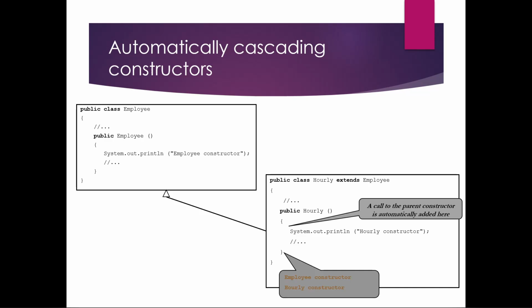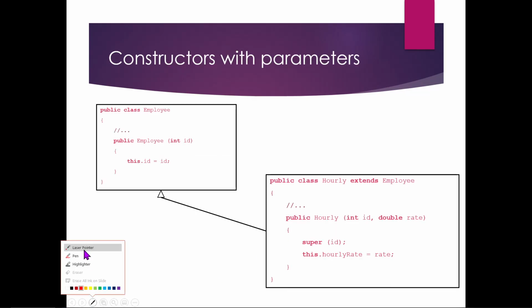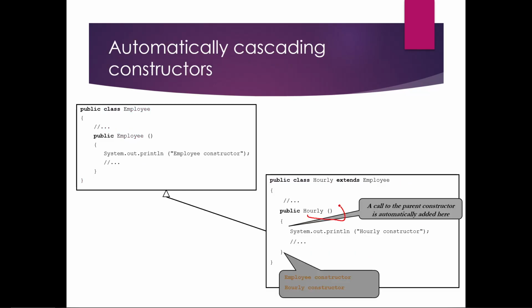When you build a new hourly employee, it starts by going to this constructor over here for public hourly, right down here. Let me annotate this right here. I start by coming to here, right, and then I jump up with an implicit call to employee.